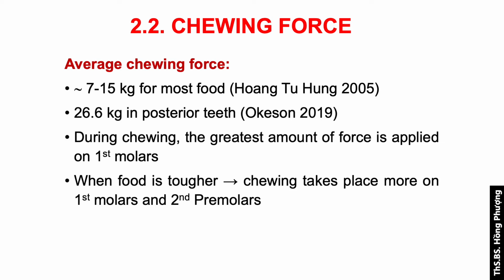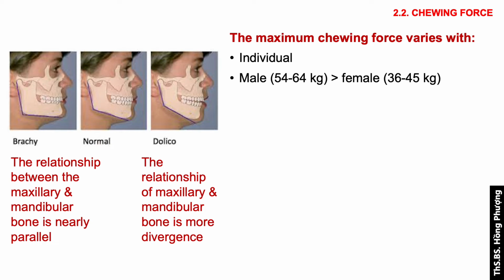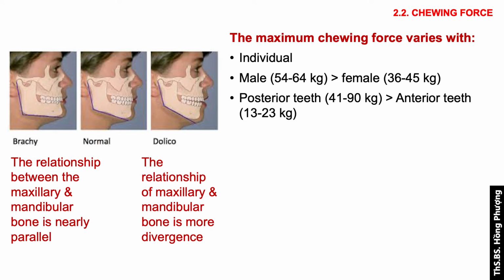When food is tougher, the chewing takes place more on the first molars and the second premolars. The maximal chewing force varies according to the individual. The maximal chewing force of males is greater than that of females, and that of the posterior teeth is greater than the anterior teeth, the anterior accounting for about a third of the posterior.